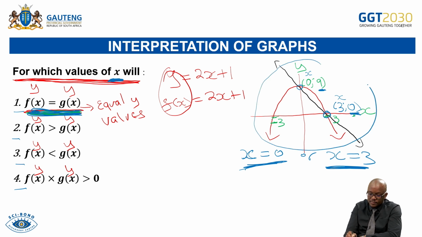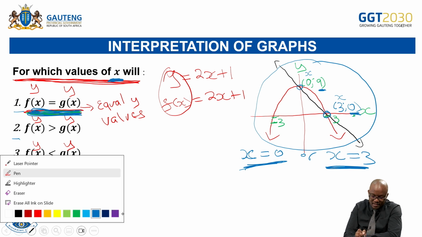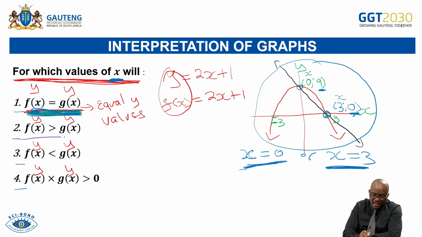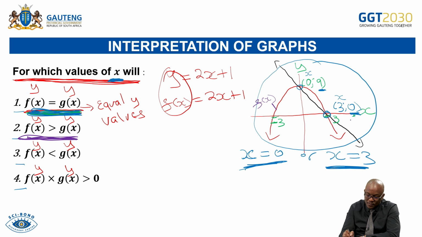So now, using the very same function, let's look at the second one. I will use a different color. Here, they are saying, let's call our red one f of x, and let's call our straight line g of x. Right?